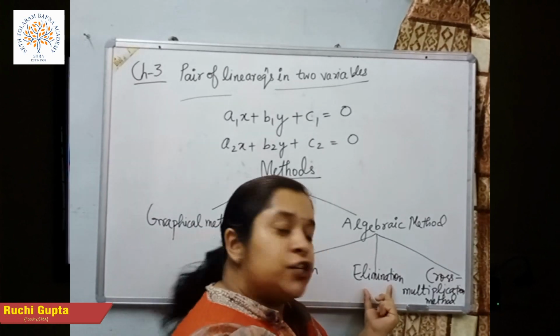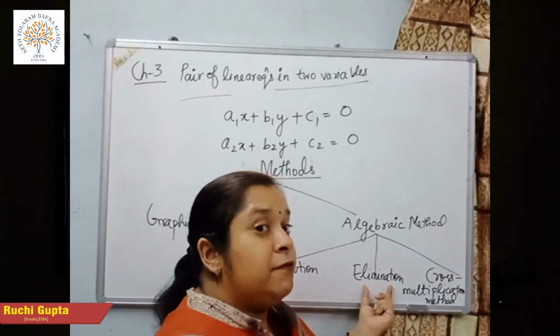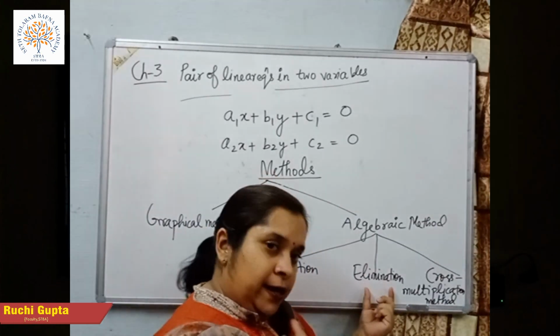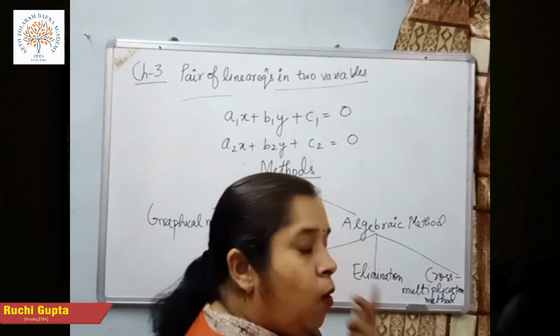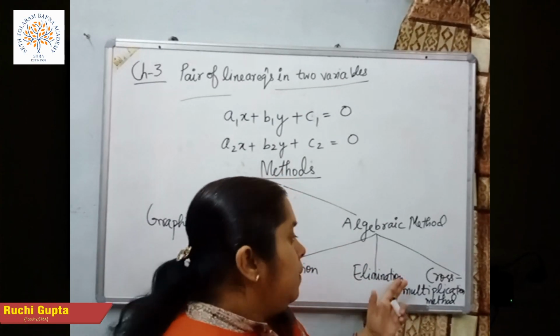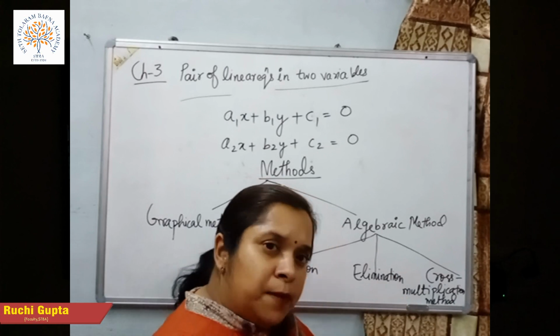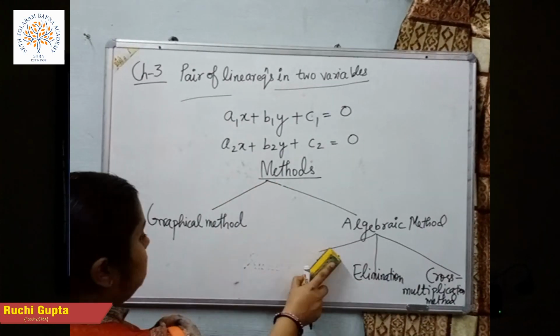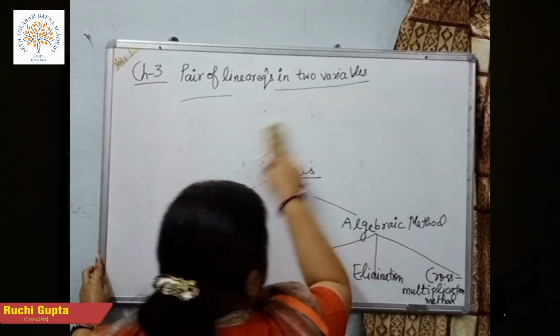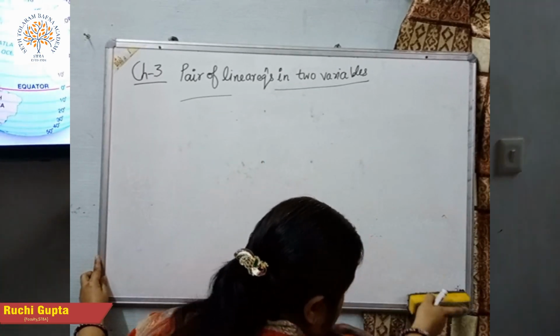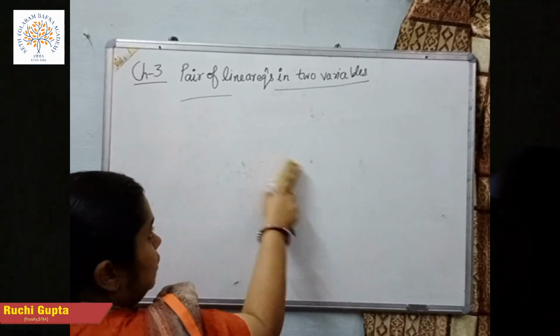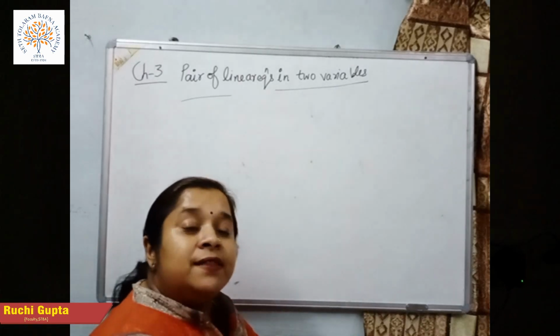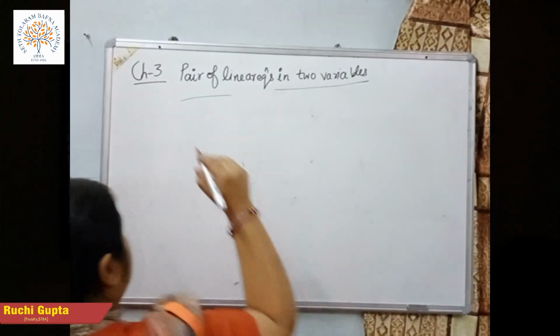In the elimination method we eliminate, we cut one variable. It may be either x or y. And cross multiplication is something different. So firstly I am taking one example, students, and I am explaining all three methods today. Substitution method, elimination method and cross multiplication method.